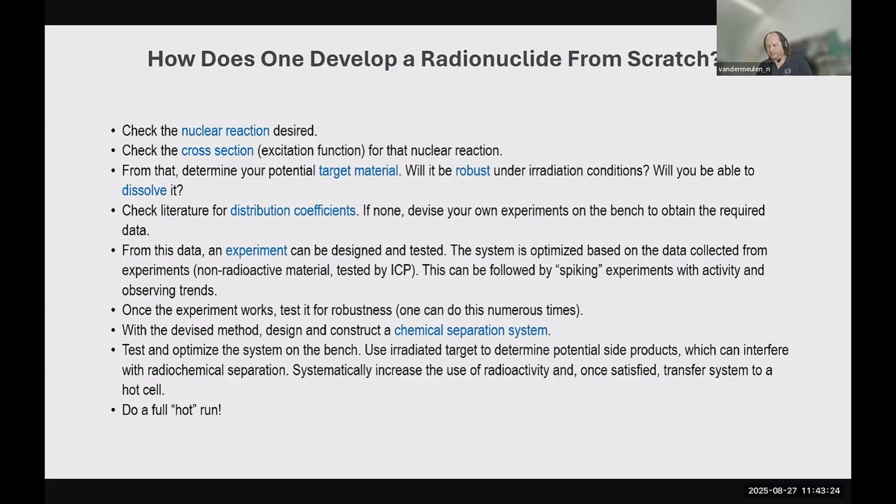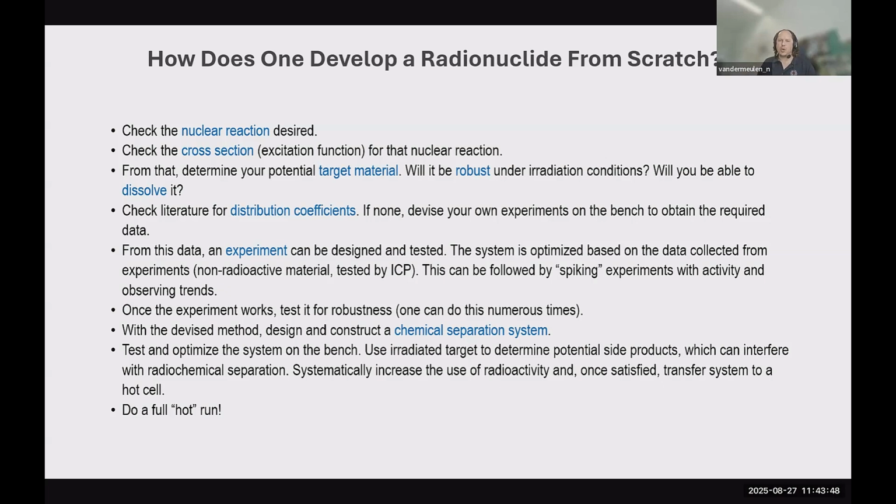Once you are confident with your results, you can devise a method to then spike with a little bit of radioactivity. Once you are happy with those results, then you can devise and build a chemical separation system, which you would then test, and then apply that into a hot cell environment and do test runs and start upscaling, etc.